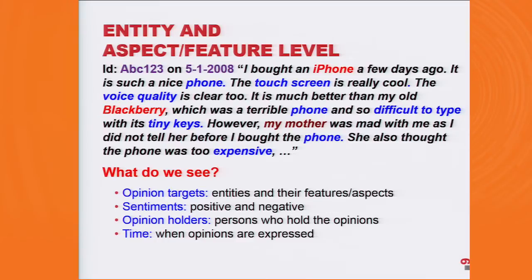So let's take an example of a review and see why sentiment analysis can be extremely tricky. You can see this talks about an iPhone, and it talks about all sorts of features of the iPhone, like the touch screen, the voice, and then it moves to talk about a different product, the BlackBerry. So if you take the whole document as one unit and just count how many times you have positive or negative words, you'll completely miss what's written here.